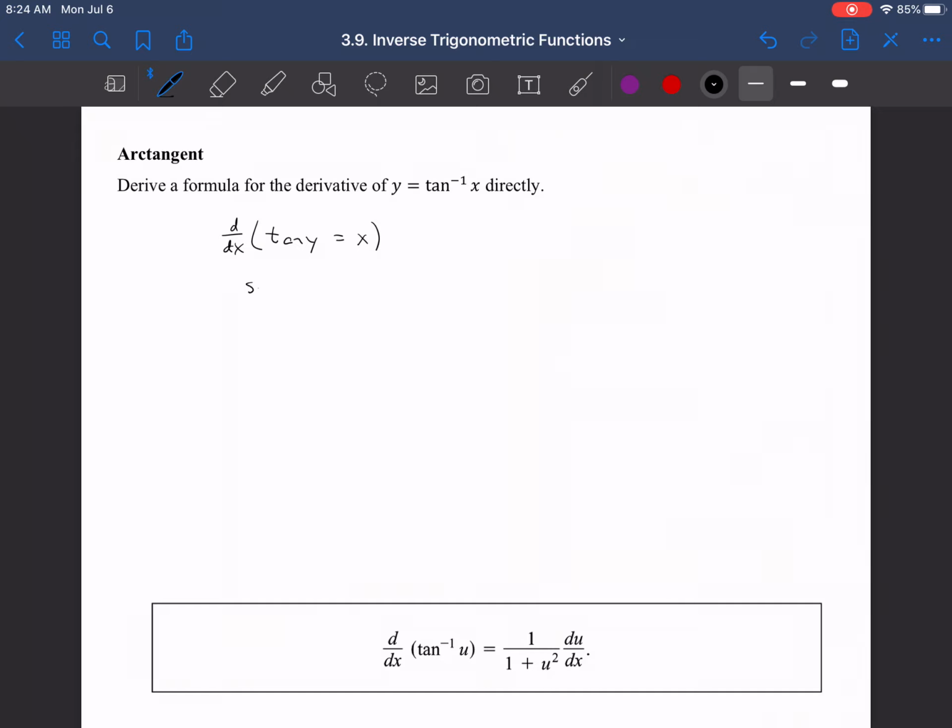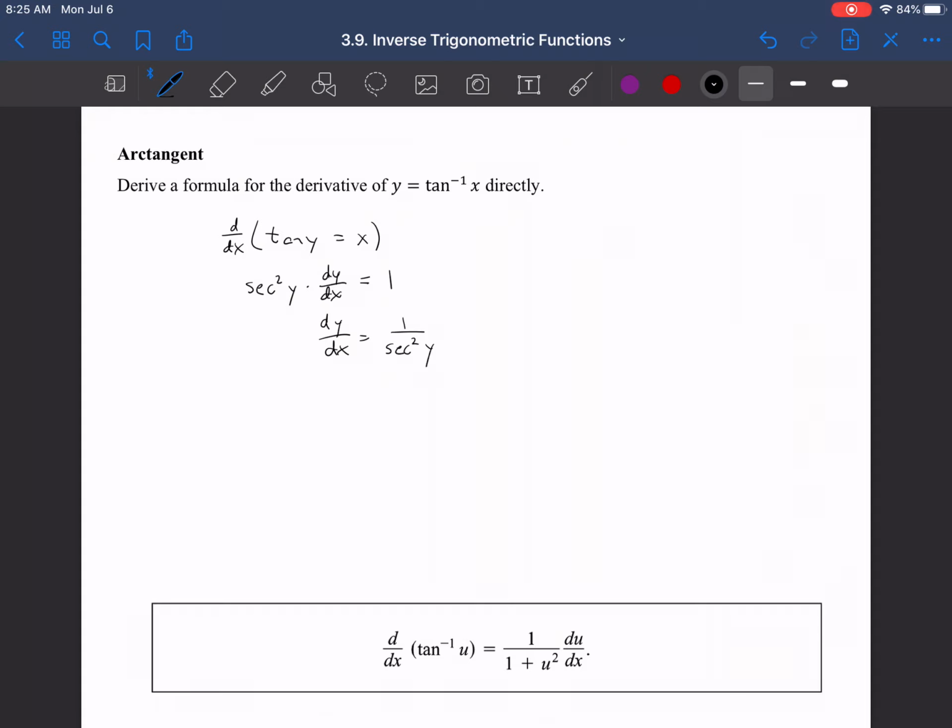Here we've got secant squared of y, that's the derivative of tangent, times the derivative of what's on the inside. So the outer derivative was the derivative of tangent. The inner derivative is the derivative of y. And then we have to do the derivative of x, which is just, again, dx by dx, which is just 1. Okay? And therefore, dy dx equals 1 over secant squared y.